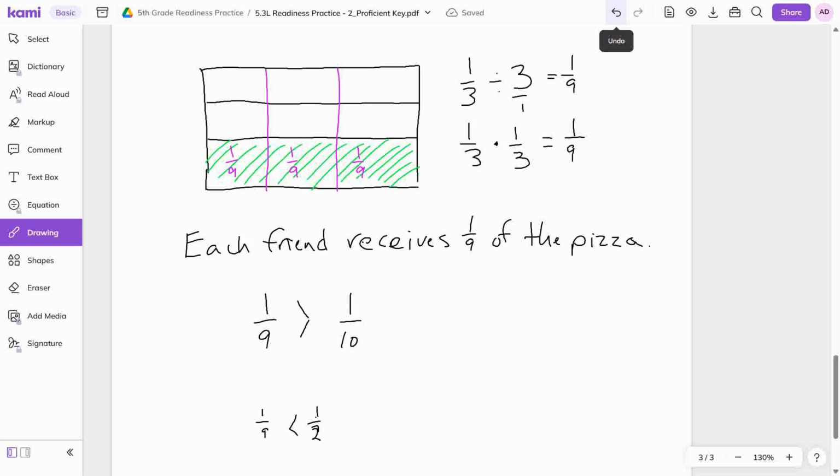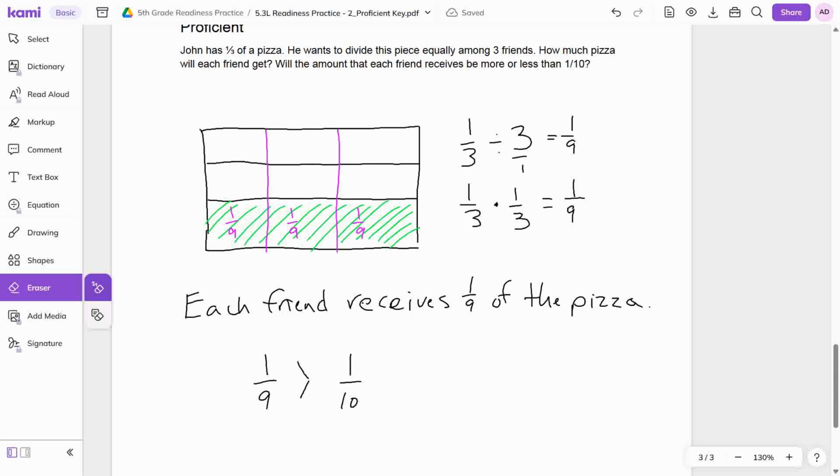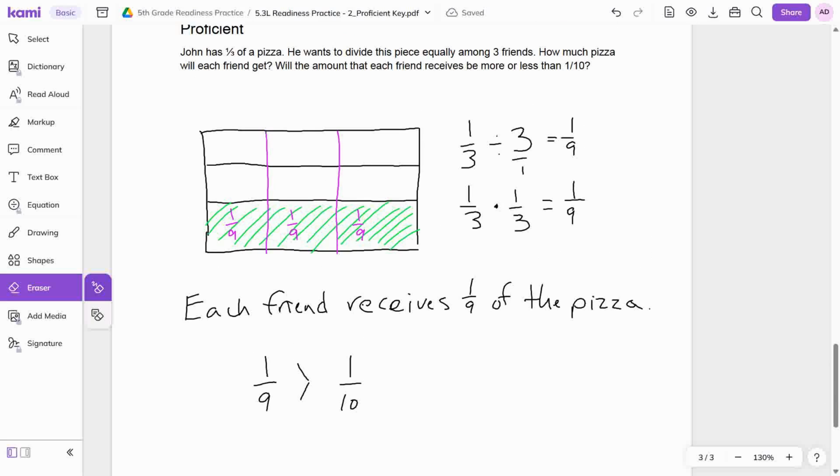What if we had 1/2 and 1/100th? Well, that 1/100th is going to be microscopic. As the denominator gets larger, the pieces get smaller. So, since the 10 is larger than the 9, the piece is just slightly smaller. So that will be our answer as well. That 1/9 is going to be slightly larger or more than 1/10.